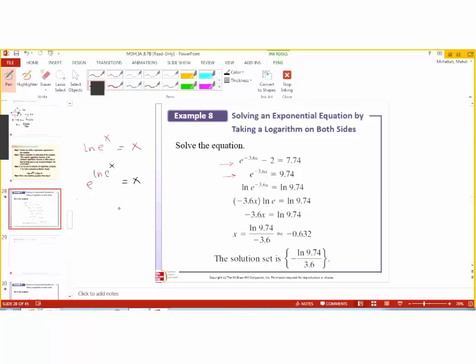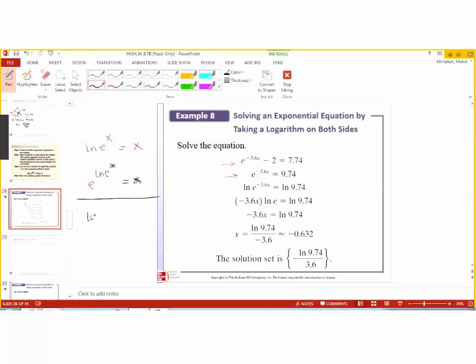Okay, this is very similar to the property we learned. Remember, we said we have log of e to the power of x. If the base is the same, this whole thing is equal to x, or if I have b to the power of log base b of x.